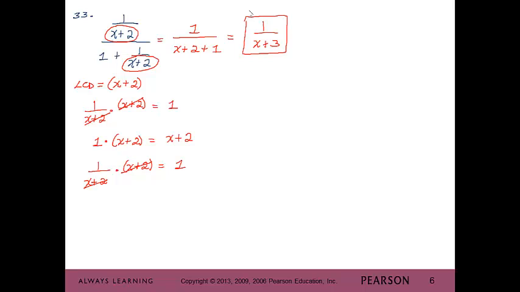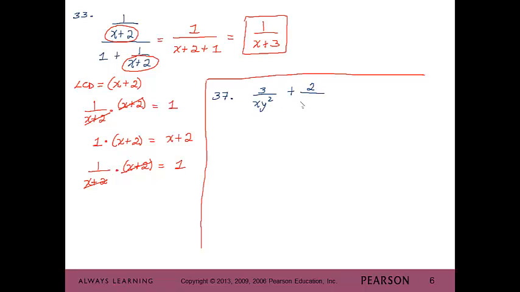All right, number 37. We have 3 over xy squared plus 2 over x squared y, all over 1 over x squared y plus 2 over xy to the third power.